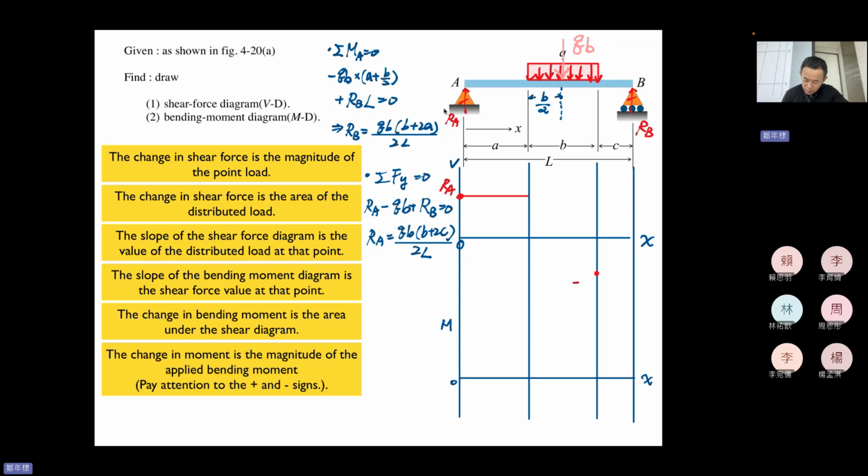Sorry, minus RB. And the change in this range is QB, right? RA minus QB equal to minus RB.